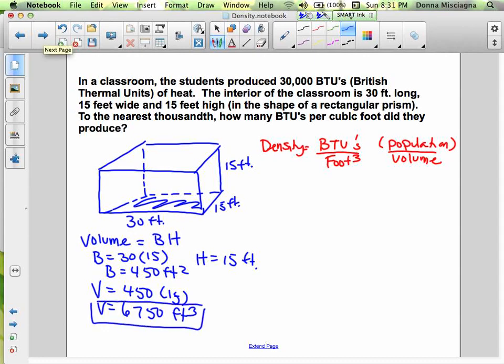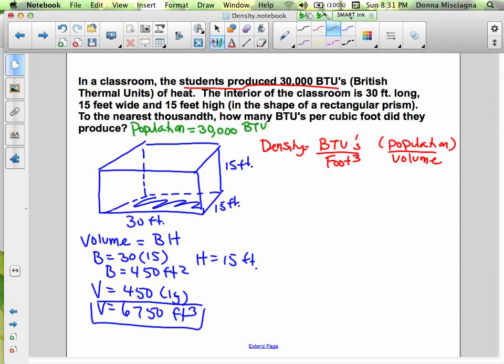Now we need the population, which is the BTUs. It says the students produced 30,000 BTUs. So your population, I'll write it in green here, doesn't matter how many students there were, altogether they produced 30,000 BTUs.